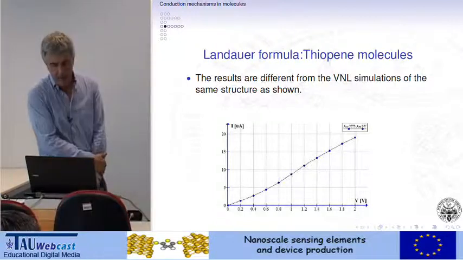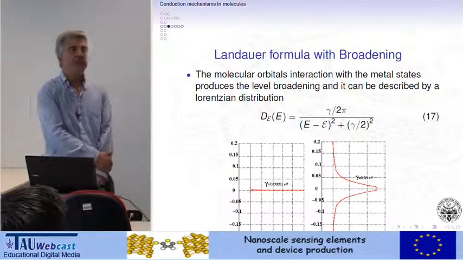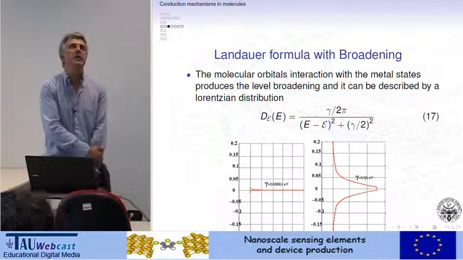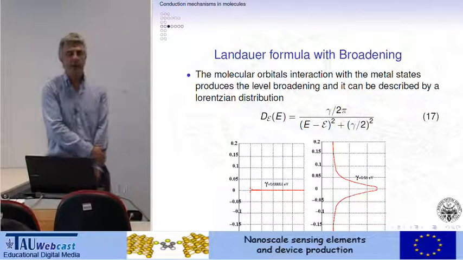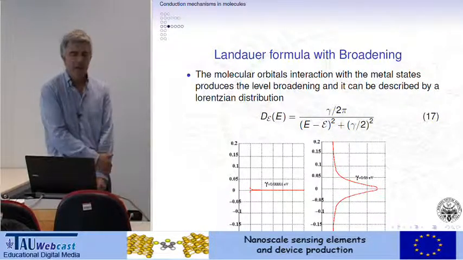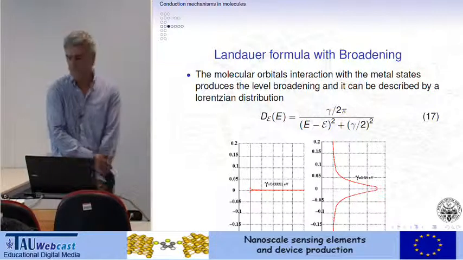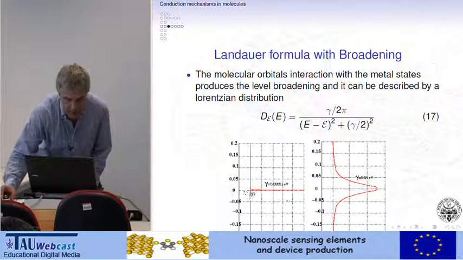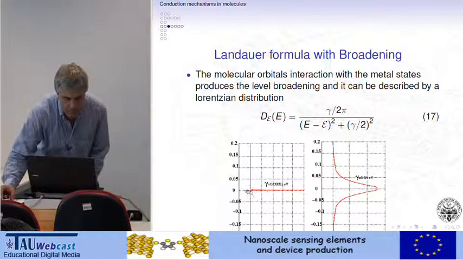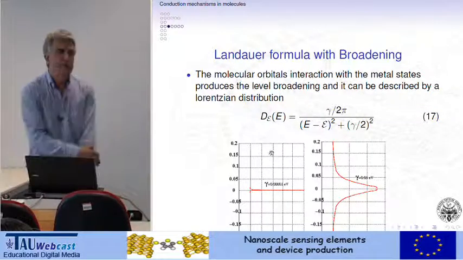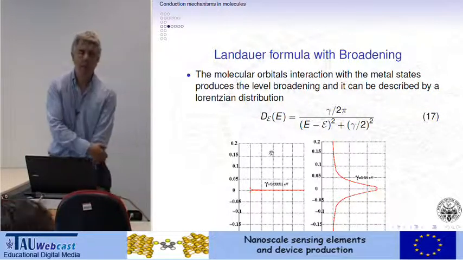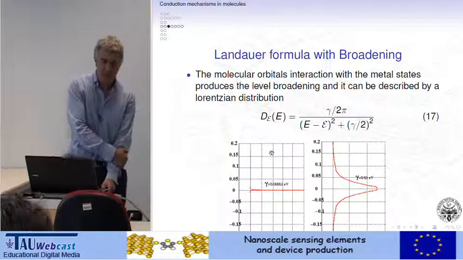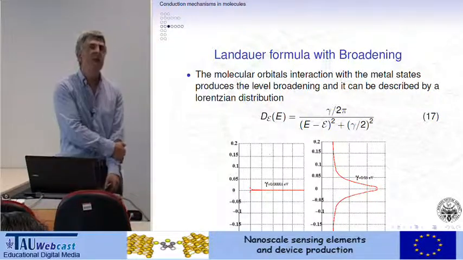Now we try to understand why the Landauer formula in that form doesn't work. And the problem is due to the interaction between the molecular level and the electrodes. Our idea, until now, is that the molecular level is just one level. But generally, the interaction between the molecular level and the electrodes produces a broadening of the level itself.